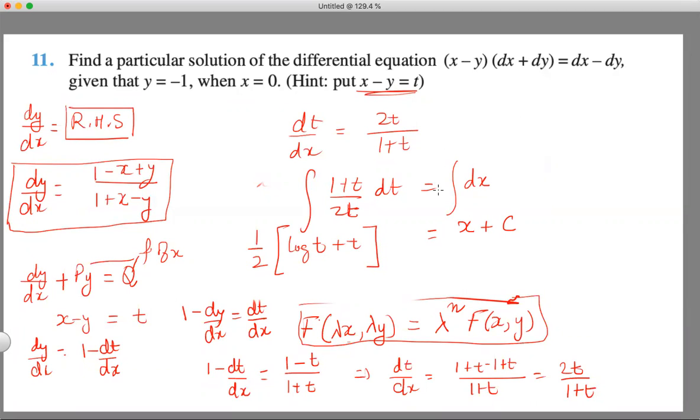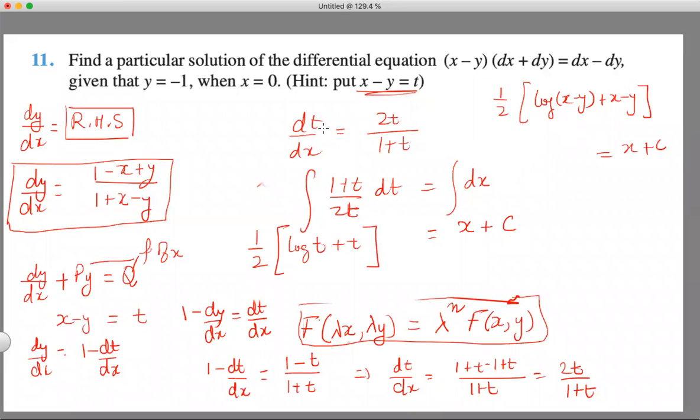लेकिन हमको क्या करना है? इस c को एलिमिनेट करना है. कैसे करेंगे? जो हमें कंडीशन दी गई है, when x is equal to 0. सबसे पहले तो इसकी जगह हम रीसब्स्टिट्यूट करेंगे. हाफ log we used x minus y, okay, plus x minus y is equal to x plus c.